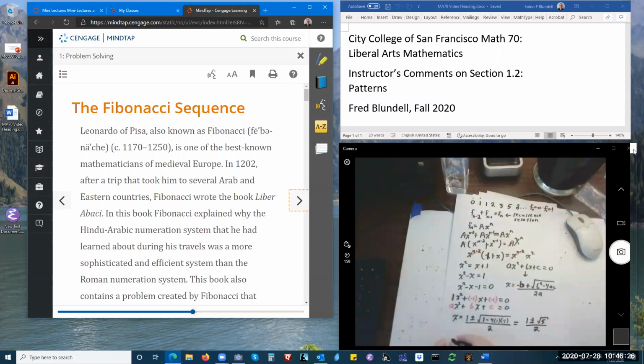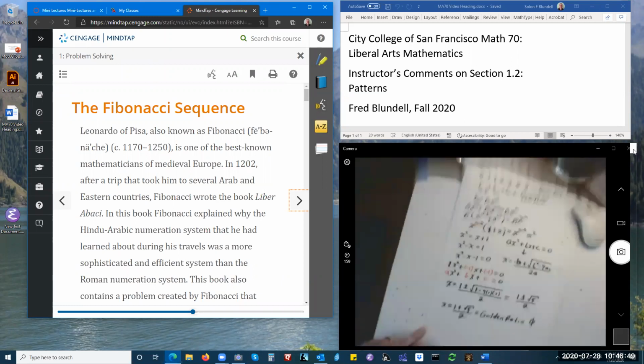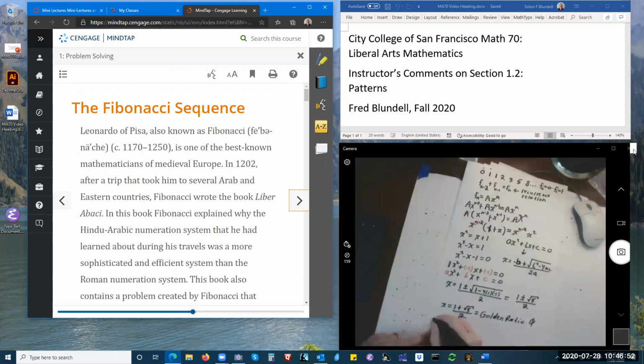There's two different solutions. Either x is 1 plus the square root of 5 over 2, which is the golden ratio, sometimes use the letter phi for that, or x is 1 minus the square root of 5 over 2.